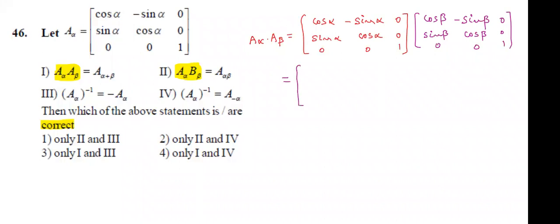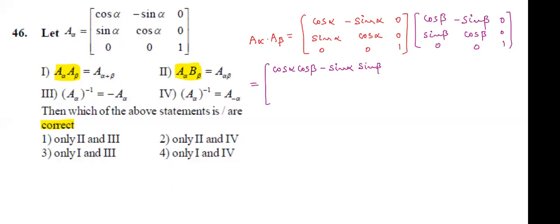Then what happens? See, first row, first column, we get cos alpha cos beta minus sin alpha sin beta plus 0.